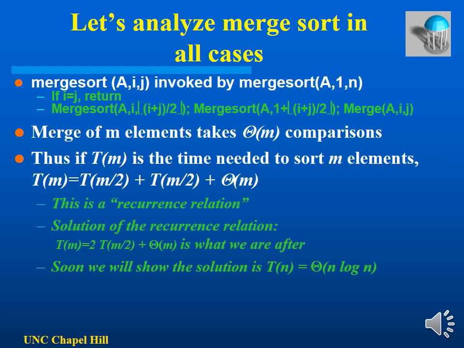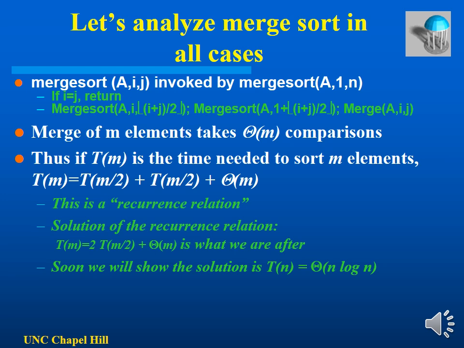The merge sort algorithm, of course, when applied to elements 1 through n, requires merge sorting the elements of the first half, merge sorting the elements of the second half, that is to say n over 2 and n over 2 respectively, and then combining them with a merge. We've seen that a merge of m elements takes theta of m comparisons.